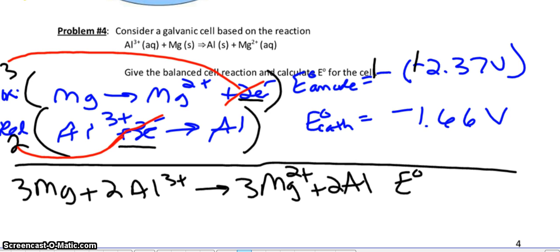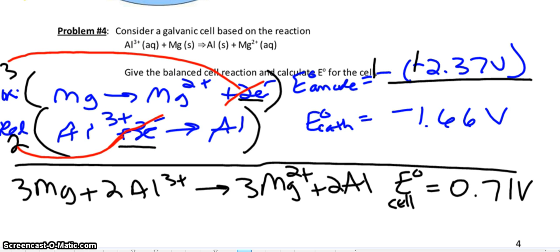My E naught, my E standard for the cell, is when I add those 2 numbers together, and I get 0.71 volts. So note a couple things here. First of all, I did not multiply these 2 numbers. I did not multiply that by 3, and I did not multiply that number by 2.